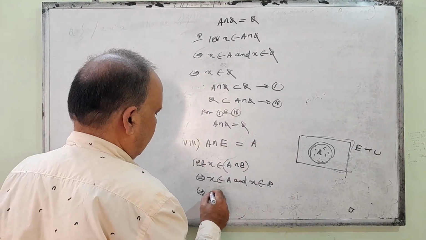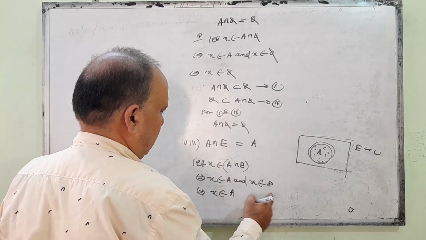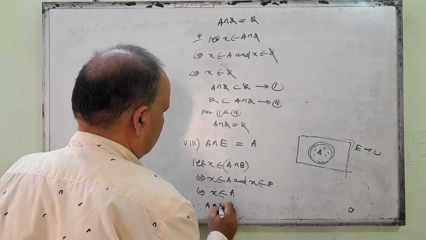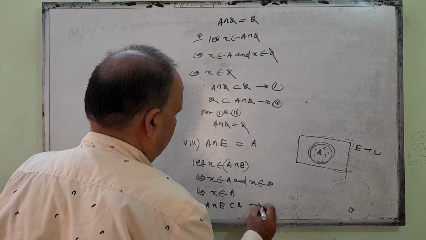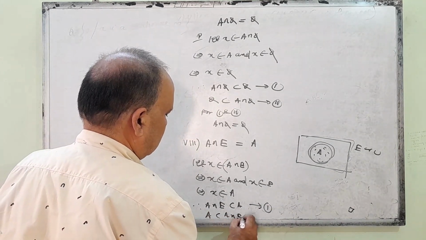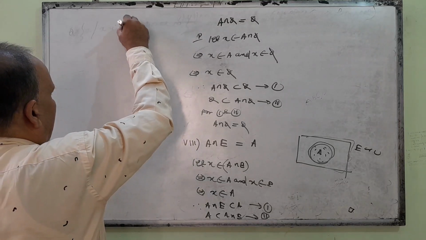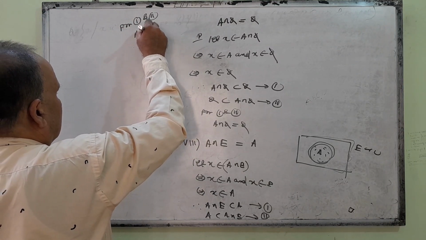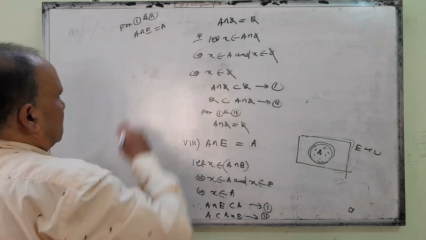This implies that x belongs to A. So we can say A intersection E is a subset of A and A is a subset of A intersection E.